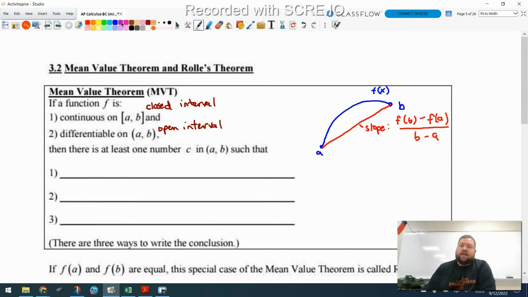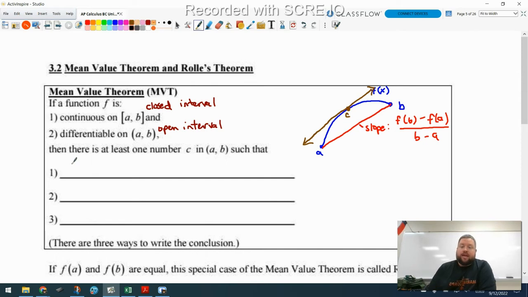Okay, and so what this is saying is that there is at least one place which we can label with the letter c that's in a to b, so it's in between these two. Okay, so I'm going to say it's maybe right about here. This is c, where the slope of the tangent line is equal to the slope of the average rate of change. All right, and so that is our conclusion.